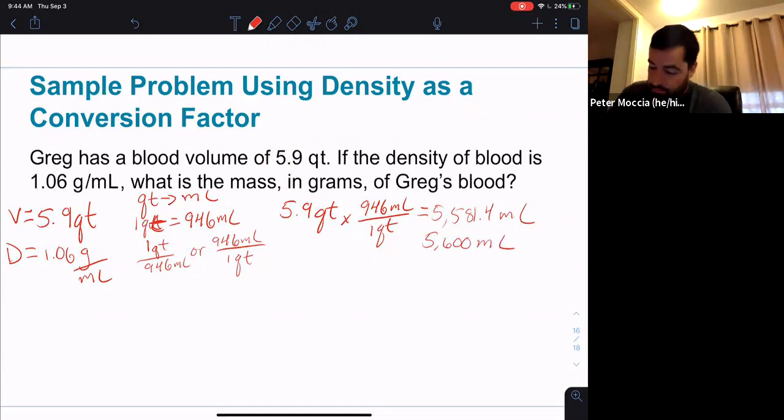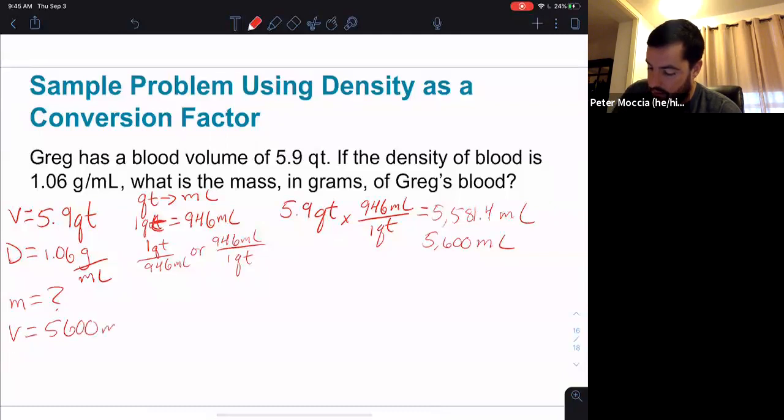Okay, so now I can say I'm trying to find my mass, right? I know that my volume is 5,600 milliliters.